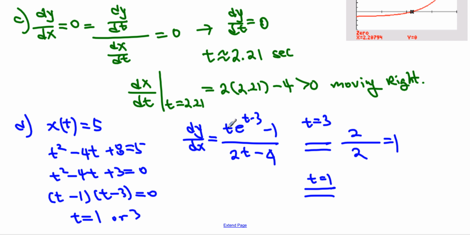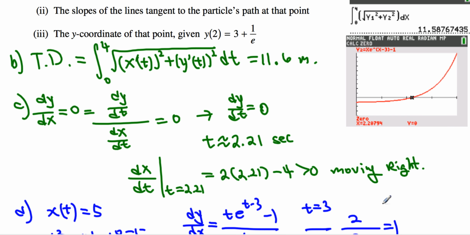When t is equal to 1, this portion is equal to 1, and then we end up getting e^(-2) minus 1 over negative 2. So that becomes the slope at each time.